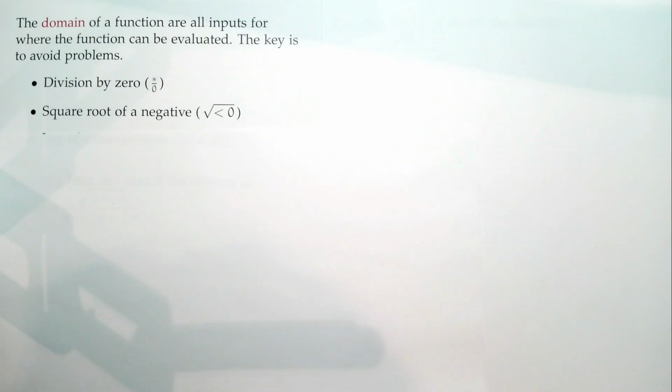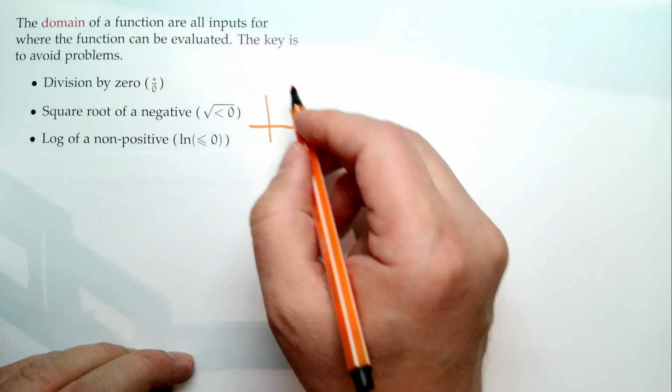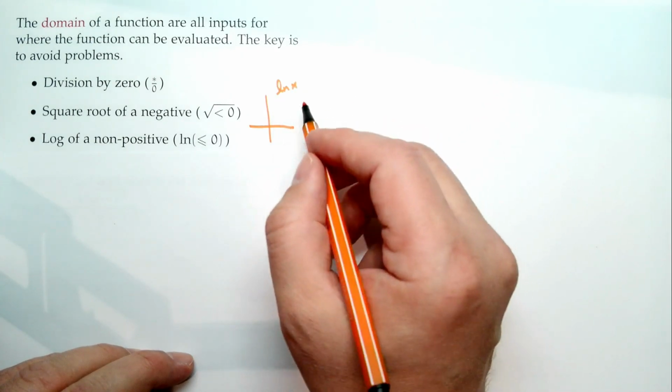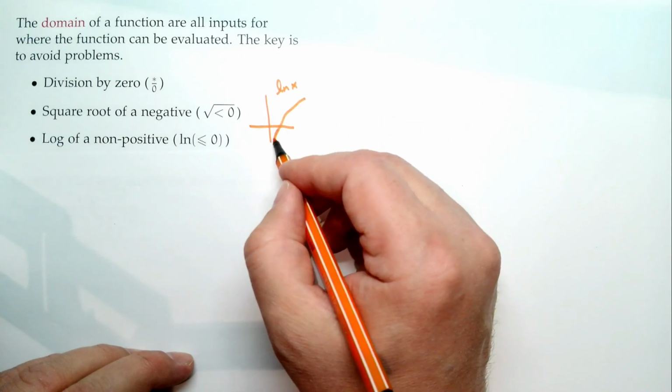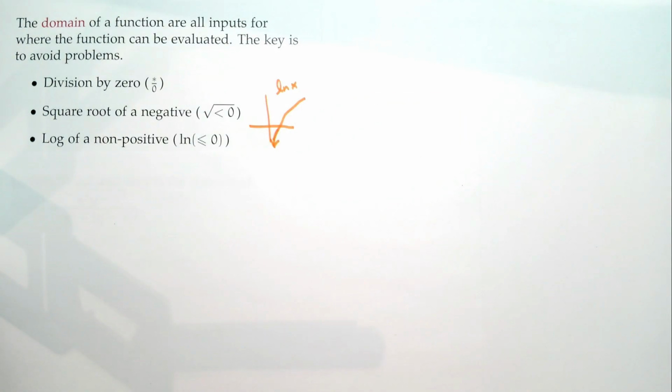Okay, logs. So log of anything that's negative or 0. You can't take log of 0. If you look at the log function, it has a very particular shape in that as you head towards 0, so if this is the graph of log x, you'll see it's heading off to minus infinity as you head towards 0.